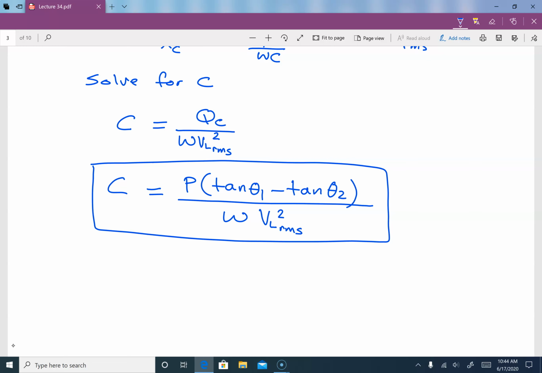So now, notes. VL RMS is the voltage across the load.